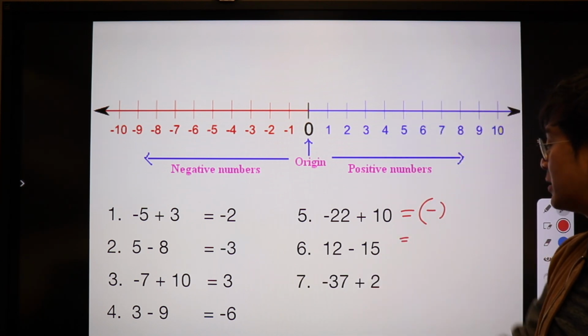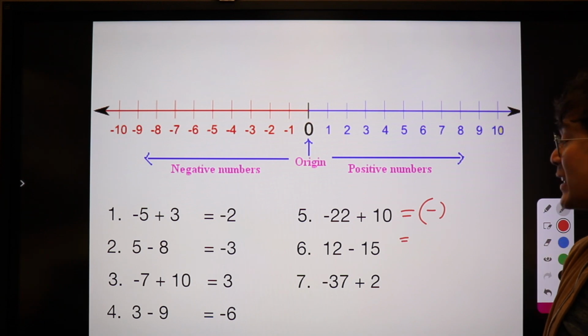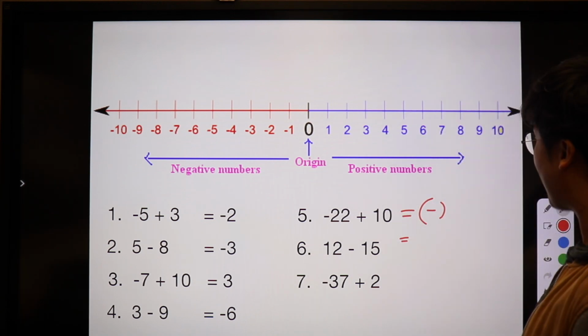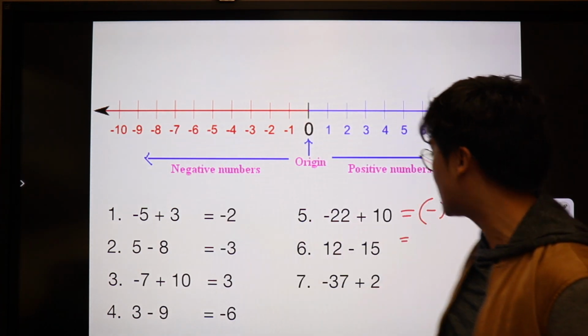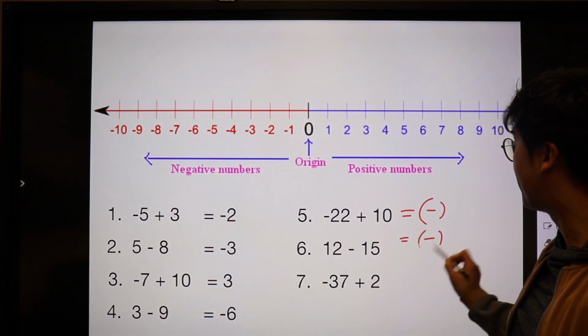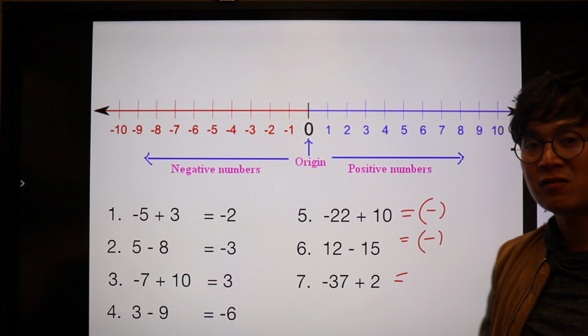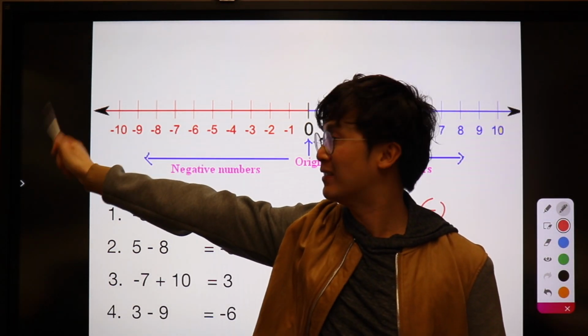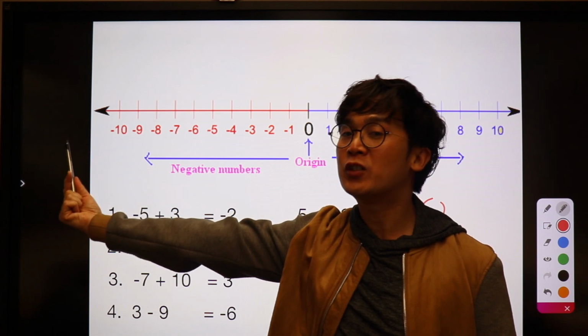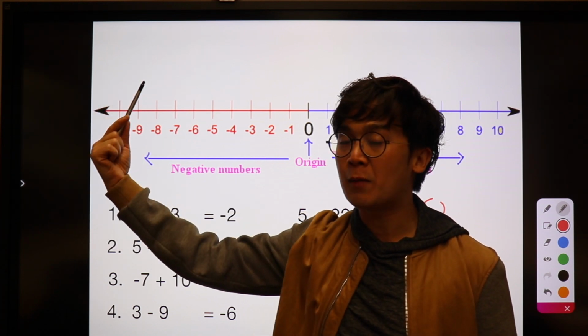And for number 6, 12 minus 15, you start at 12 and you move 15 units going to the negative direction. So your answer here will be negative as well. And for negative 37 plus 2, you start at negative 37 all the way down in the negative values, and you just move 2 units going to the positive.